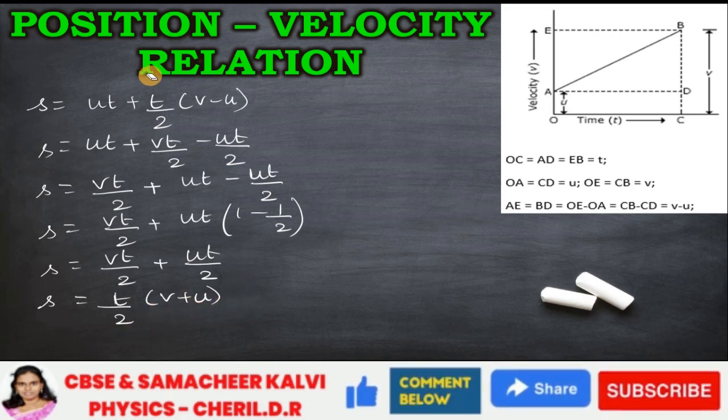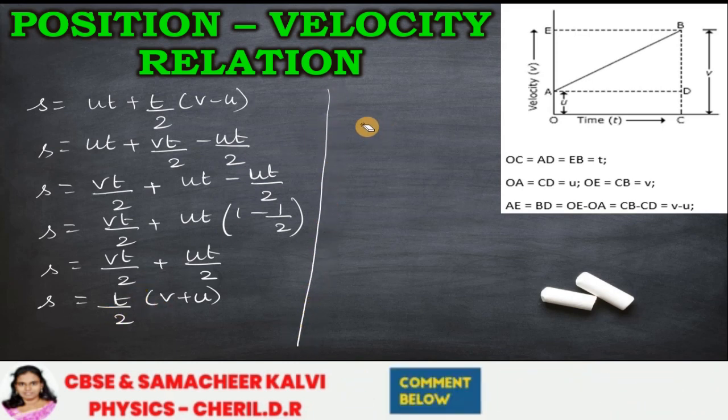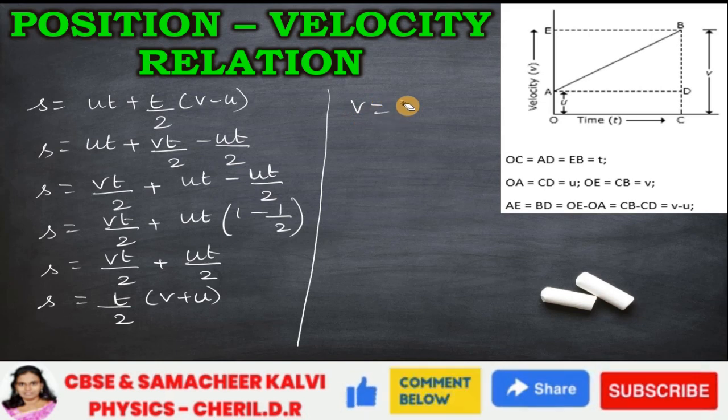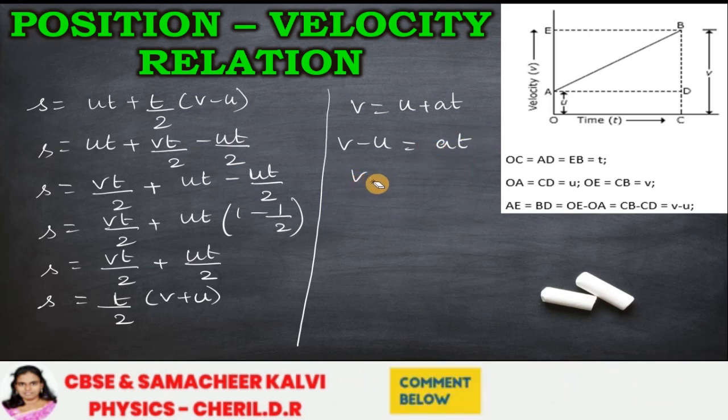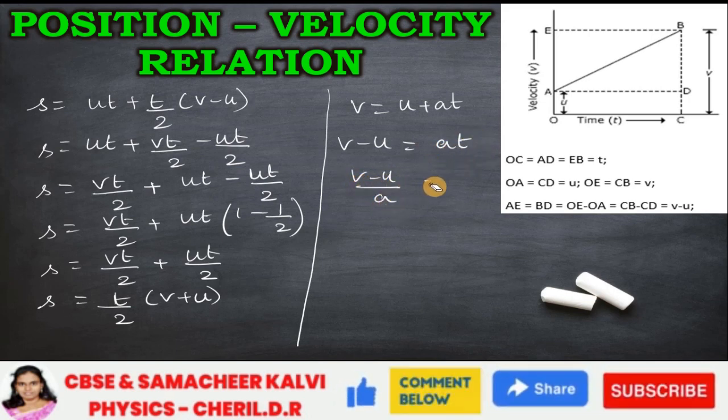Now again we need the position velocity relation, so we will see what we can substitute for t. We know that v is equal to u plus at. So v minus u will be at. If I want t alone, I can write v minus u by a is equal to t. This is what I am going to substitute here.